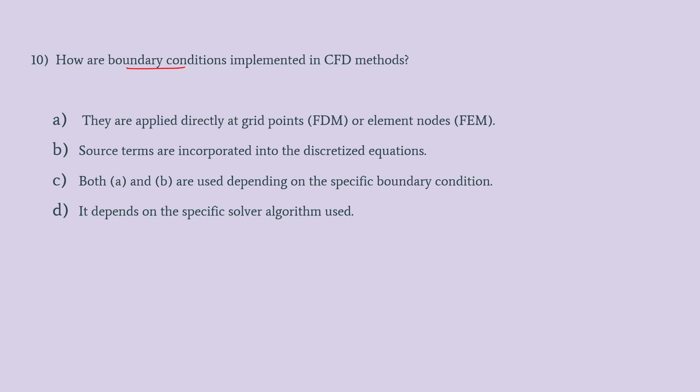So we know what boundary conditions are. So here option A and option B are true. So answer will be option C. That is both option A and B, depending on the specific requirement of the problem at hand.